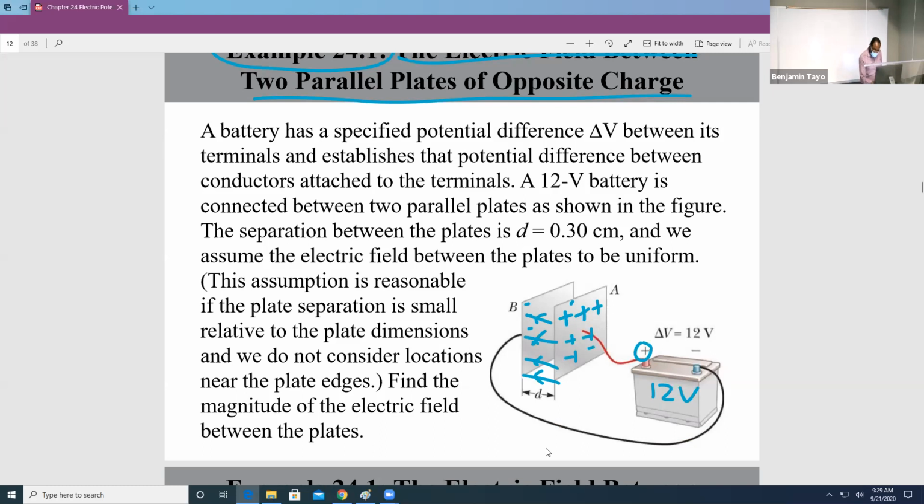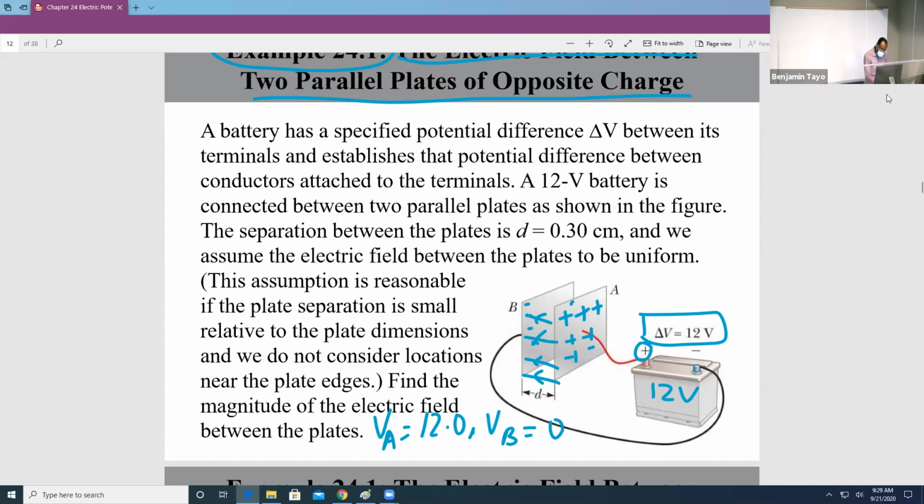Now, it tells me the potential difference. In this case, you can say that the potential at point A is 12.0, and the potential at point B you can just call 0, so that the change in the potential is going to be 0 minus 12.